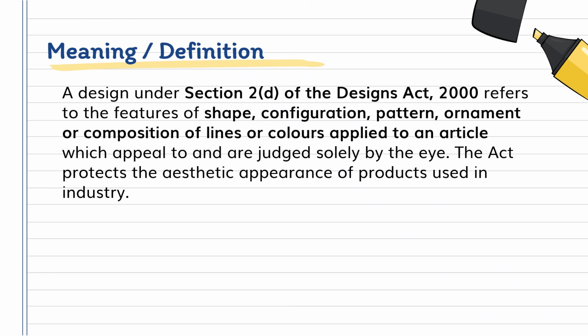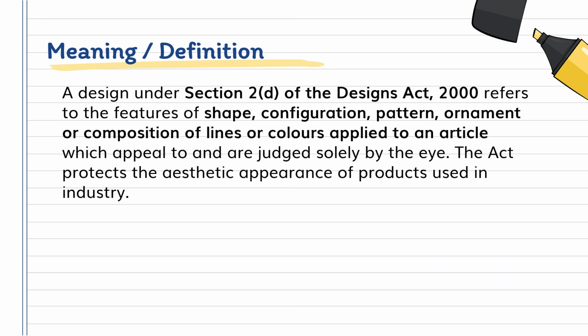This means the law protects how a product looks, not how it works. For example, suppose a company designs a unique water bottle shape or a beautiful pattern on a ceramic cup. Those visual features can be protected under the Designs Act.